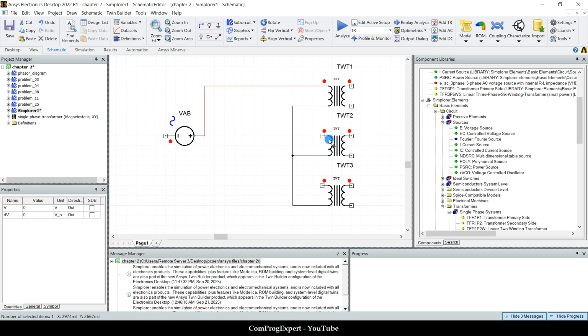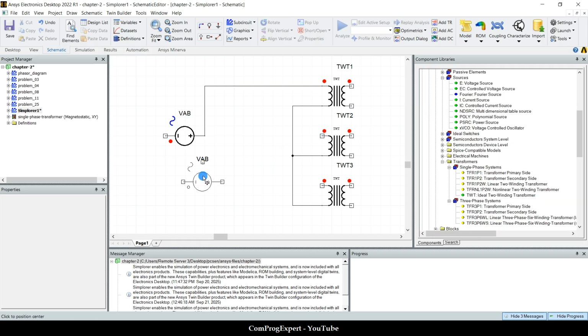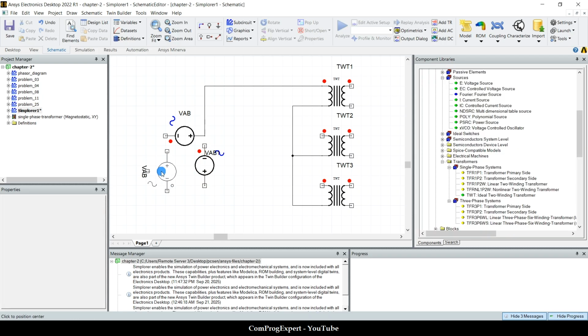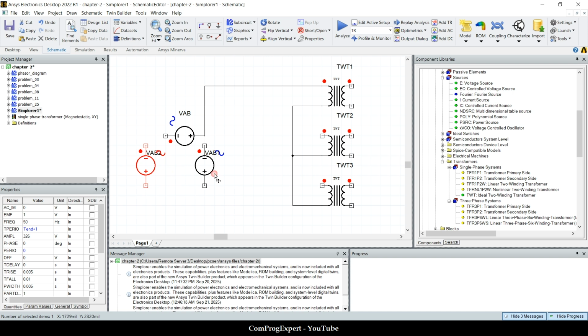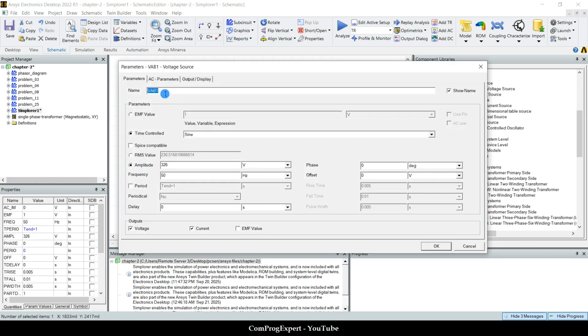The second phase, the line voltage, I should connect it to this dot point. So let me copy and paste this here to have the BC and CA here. So what is this one? This is the voltage VCA. That's right. And also we need to have VBC.